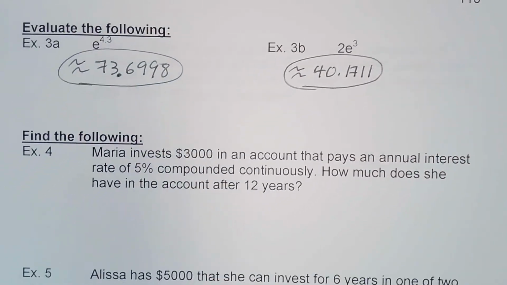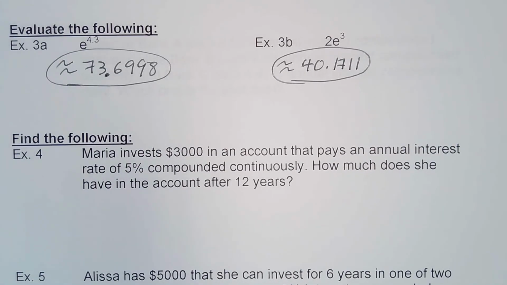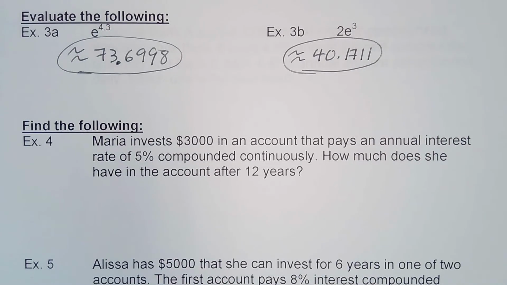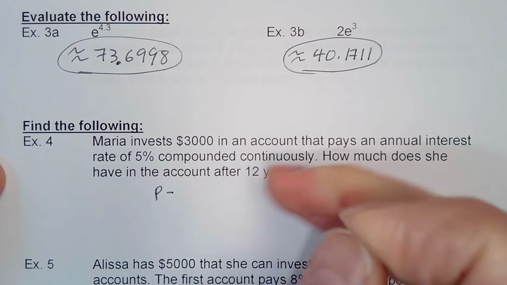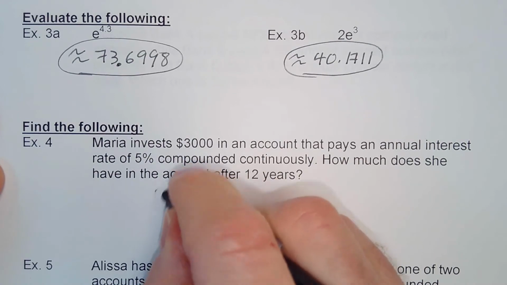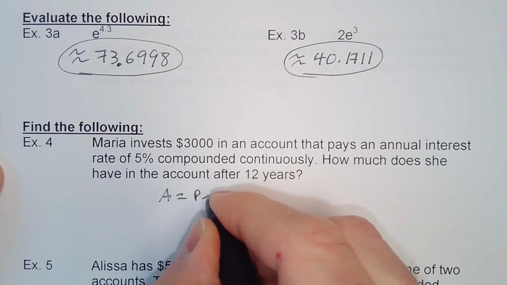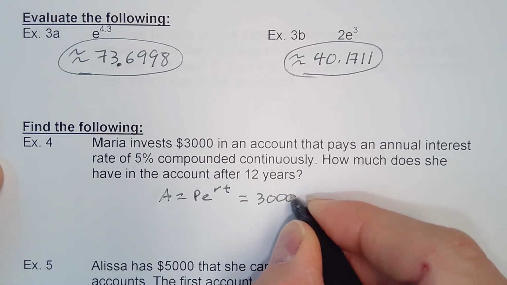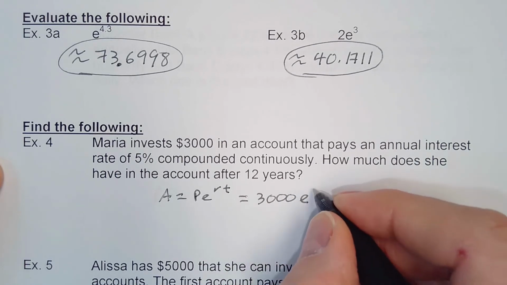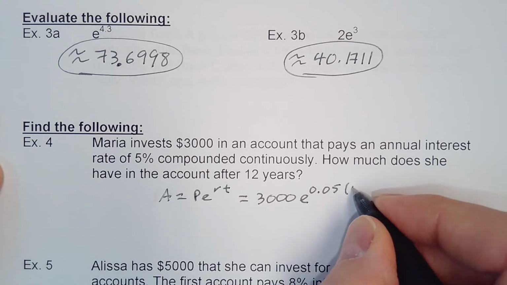So if we look at problem number 4 on page 115 of our workbook, Maria invests $3,000 in an account that pays an annual interest rate of 5% compounded continuously. How much does she have in the account after 12 years? So A equals P e to the rt. Our principal is 3,000. Got to write that r as a decimal, 0.075, and then t is 12.